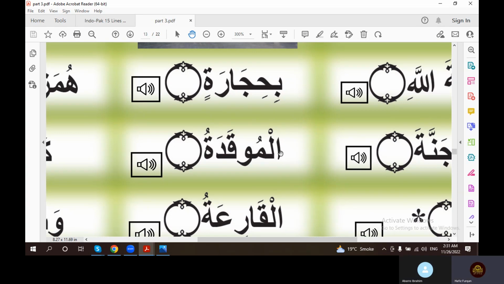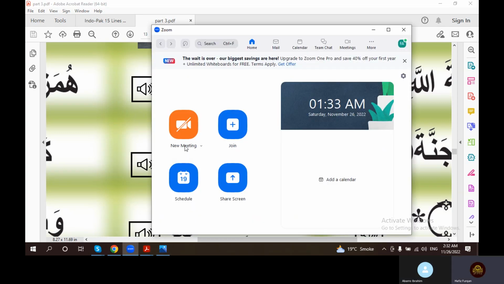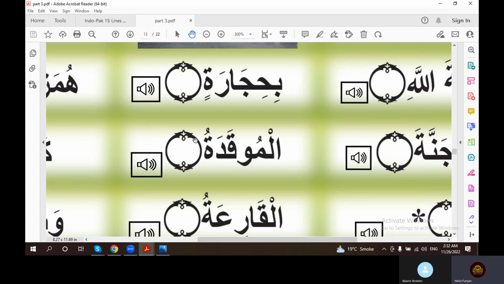How do we read Hamzatul Wasal? We suppose the fatah on Hamzatul Wasal. So it's Hamza here, you are going to suppose the fatah on it. Hamza fatah, a.